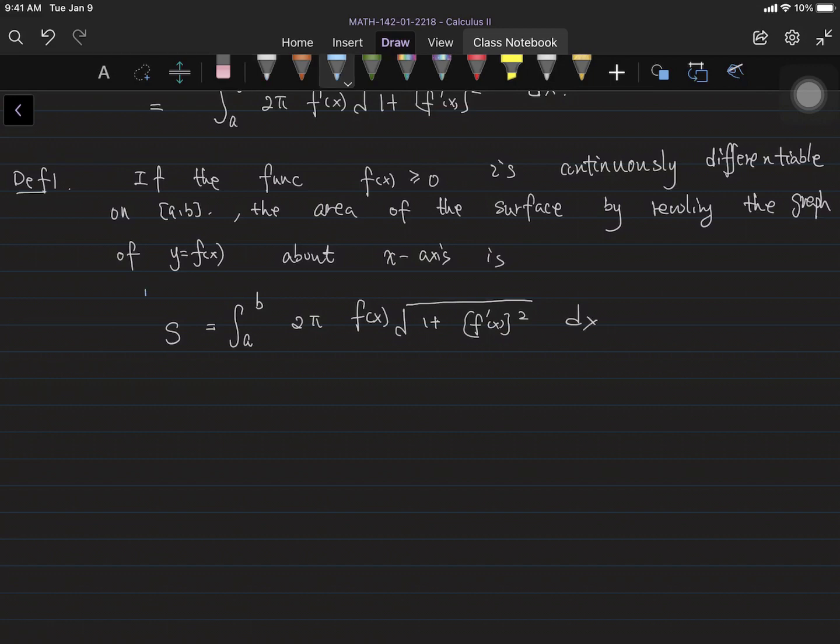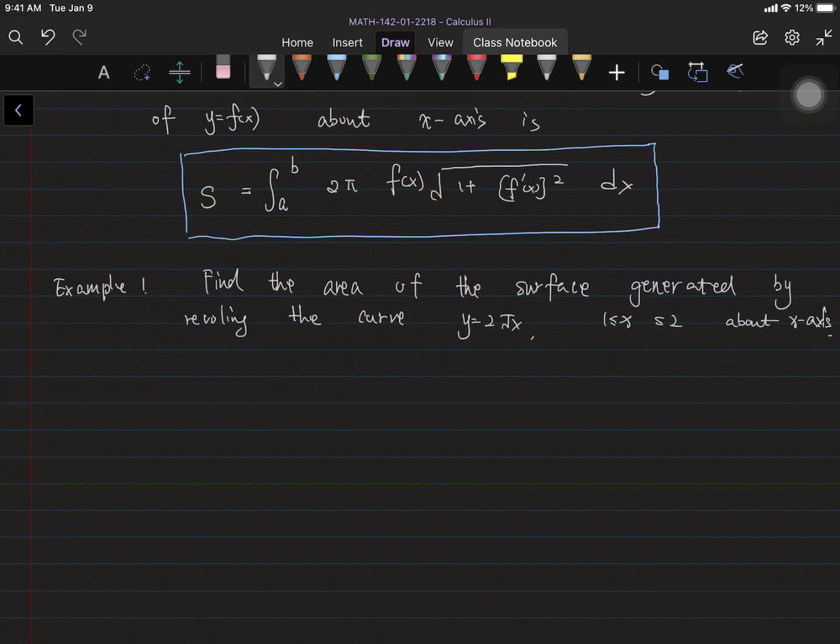Basically in this section, we're just going to learn two formulas. One formula is the rotation about the x-axis. The other one is rotation about the y-axis. Now let's take a look at the example. Example 1. Find the area of the surface generated by revolving the curve y equals 2 root x about the x-axis.